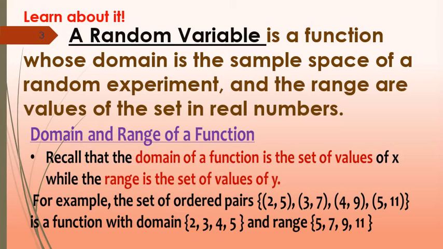For example, for the ordered pairs 2 is to 5, 3 is to 7, 4 is to 9, 5 is to 11, the domain here is 2, 3, 4, and 5. The range would be 5, 7, 9, and 11. So this is a function with domain and range.